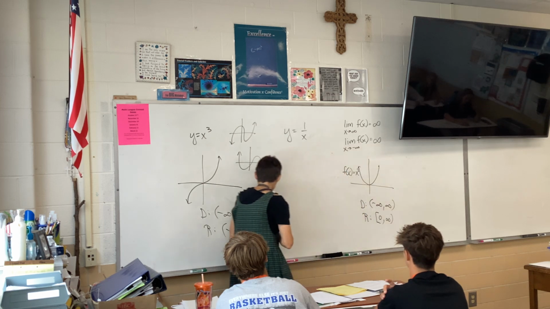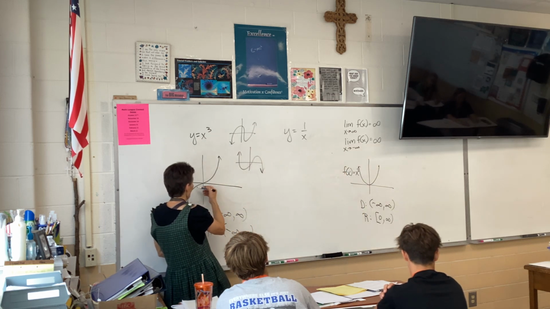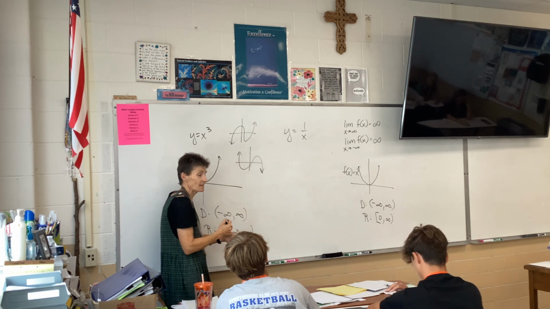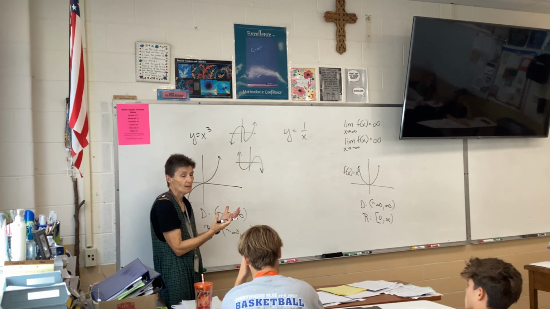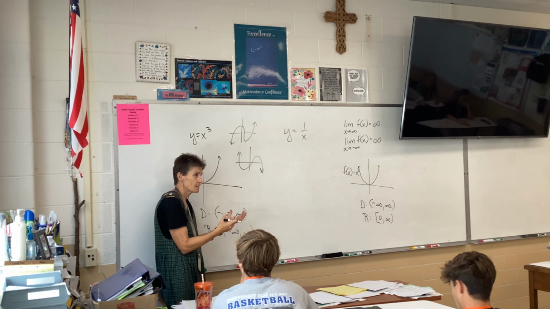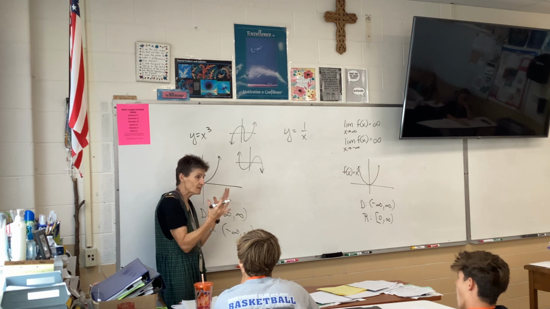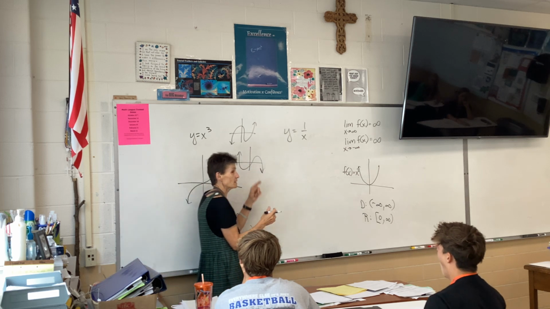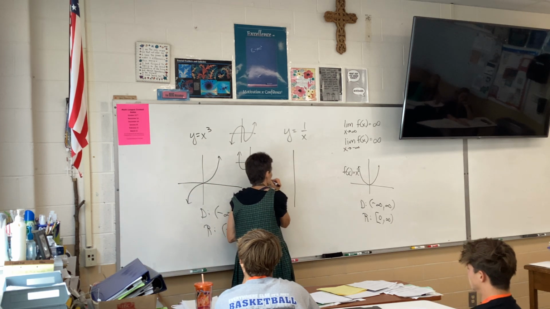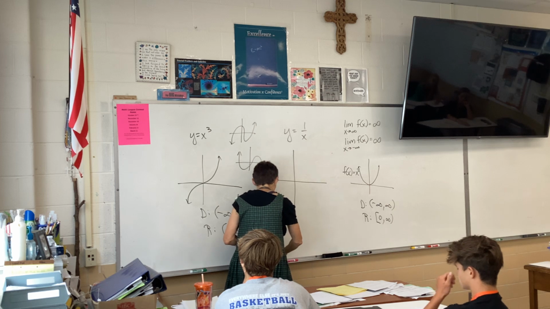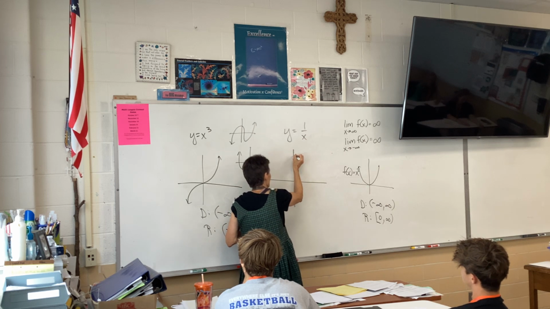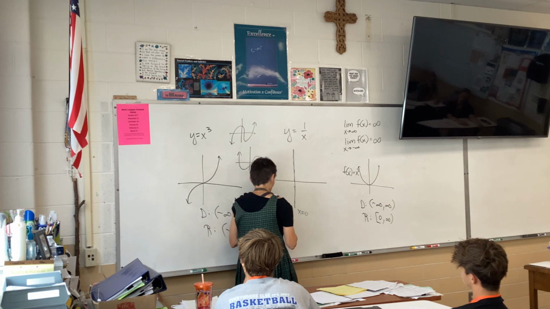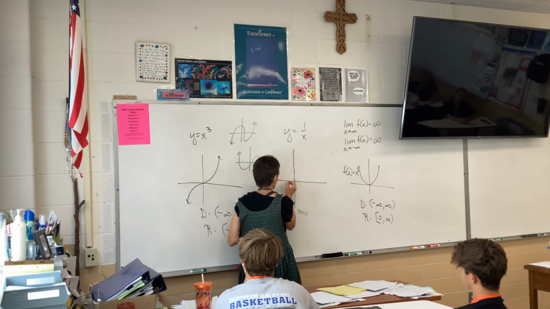When I graph a cube, I can graph the whole thing without lifting my pencil. That's called continuous. There's a definition for continuous, it's hard. The idea of continuous is it's not broken anywhere. This one is broken. This one has asymptotes at x equals 0 and at y equals 0.